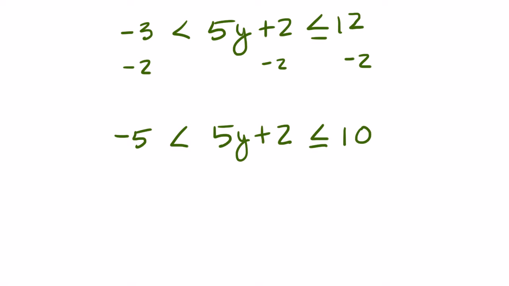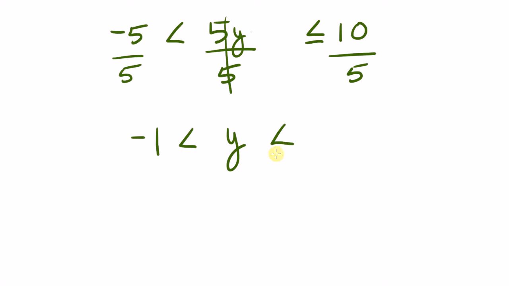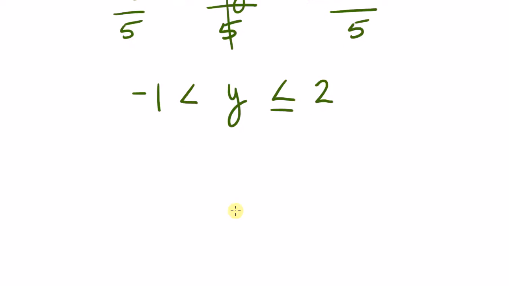Oh, I'm sorry. See, like I said, I'm going to make mistakes. And hopefully I'll catch myself. I should have went like that. Okay, now we are going to divide by 5. Those are going to cancel. And we get -1 less than or equal to y less than or equal to 10 divided by 5 is 2.